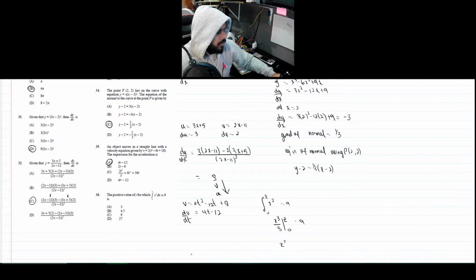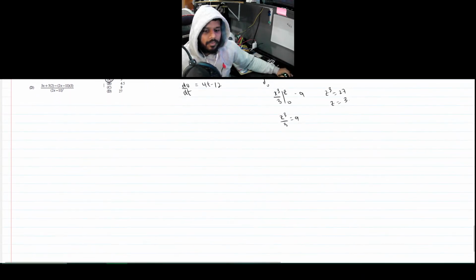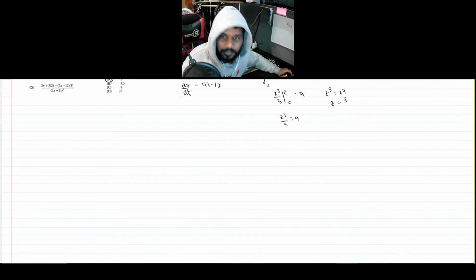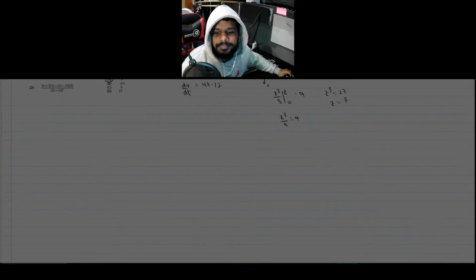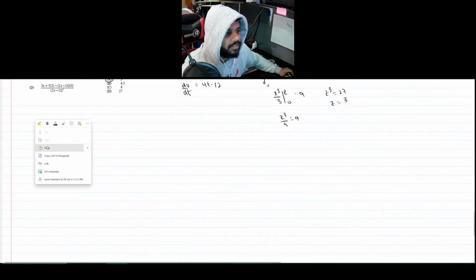So we have z cubed over 3 is equal to 9. 9 3s are 27. z cubed is 27 and z is 3. Not bad. And the final hurrah here. Okay, it's not the final hurrah. One more page after this.